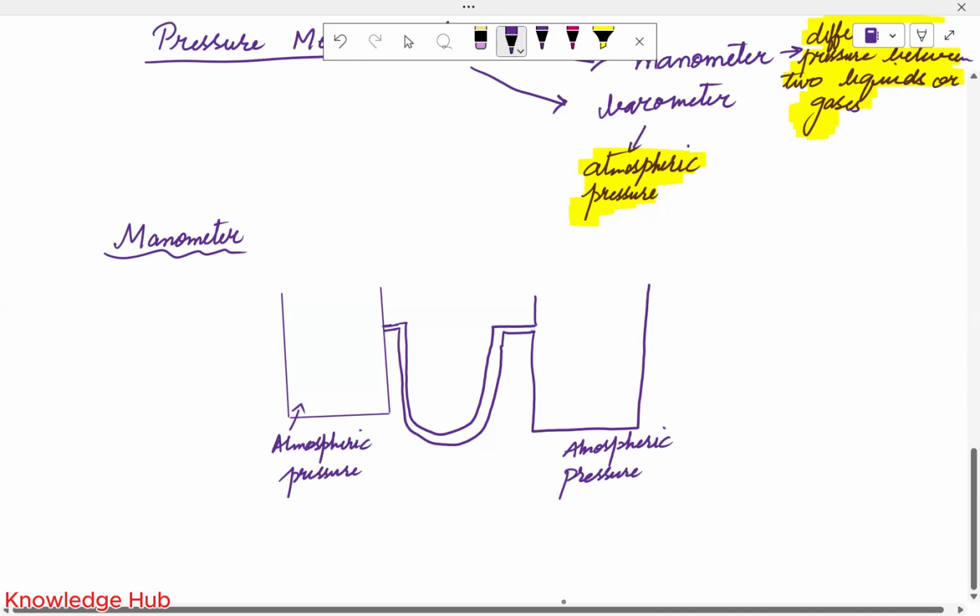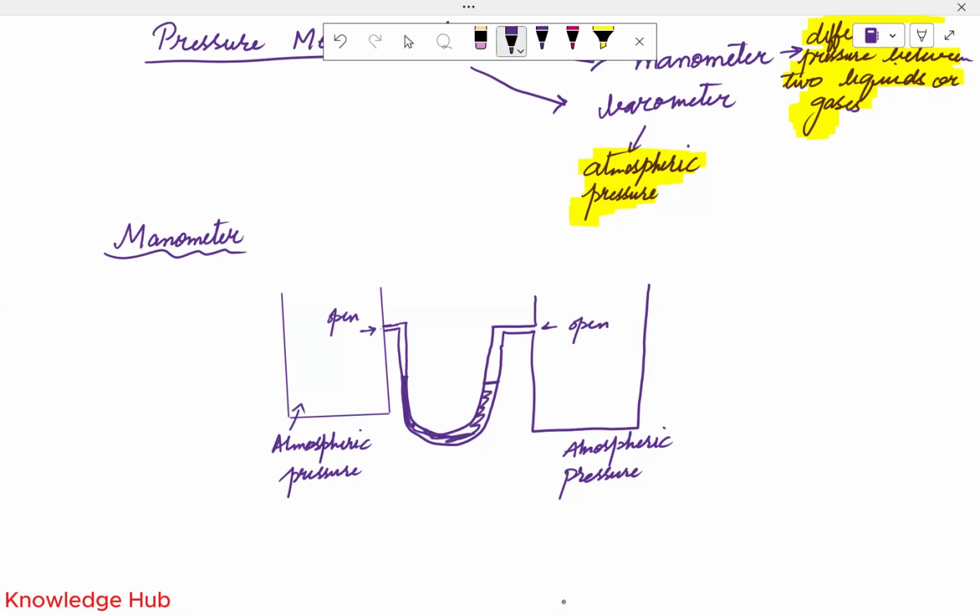When they both are open, the level of mercury will not change, it would remain the same, as both contain the same pressure. So the level of mercury would remain the same.